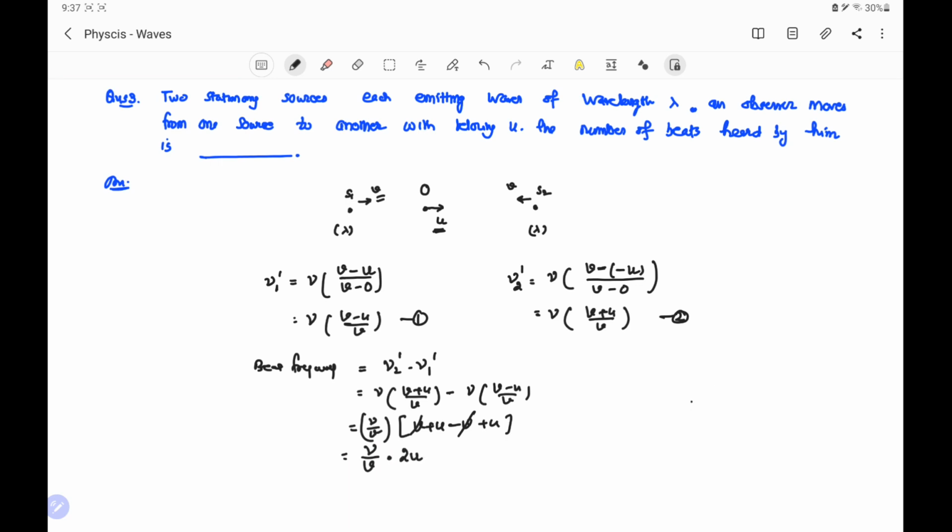And because v is the velocity of sound, it is equal to nu into lambda. Lambda is given, therefore we can write velocity by frequency is equal to lambda, so the beat frequency can be written as 2u by lambda. This is the answer.